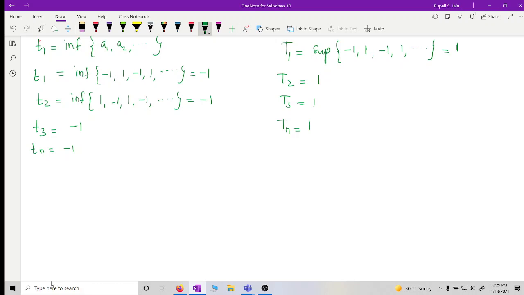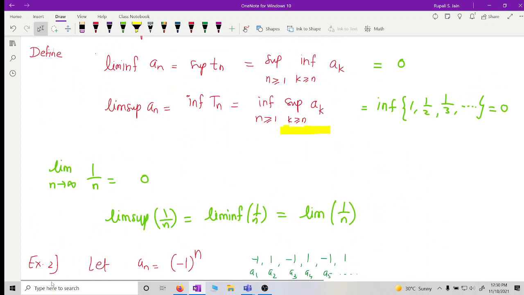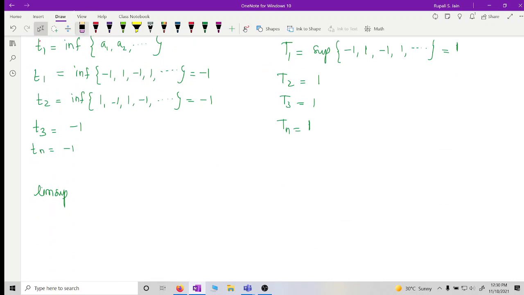So what is limsup and liminf? First we have defined liminf of a_n. For this case, what will be liminf?